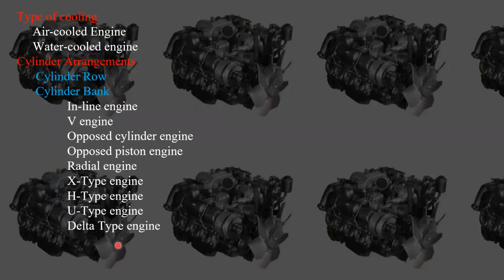And next coming to the type of cooling. Okay, cooling is a very important part. Why? Because without cooling, the engine will be ruined very rapidly, because the destruction will be at its peak.